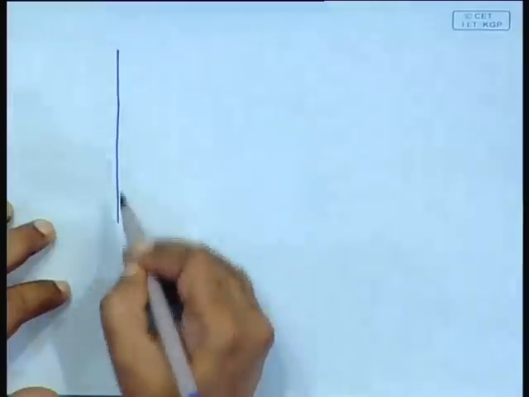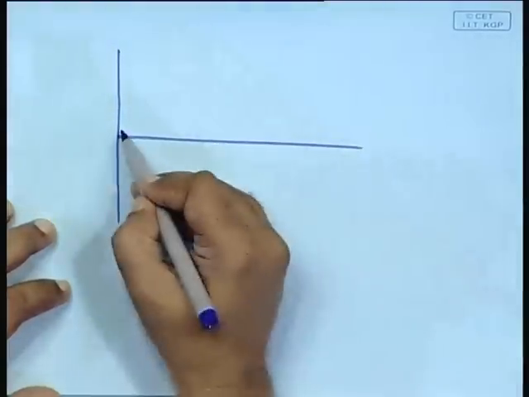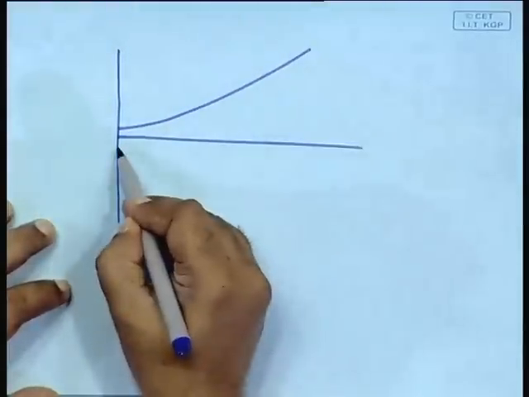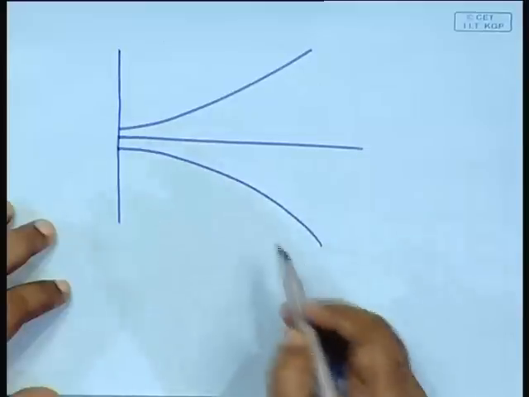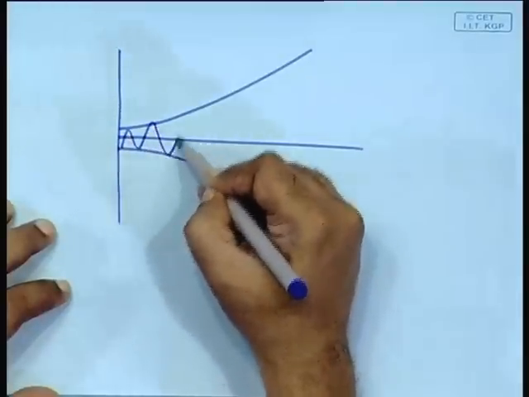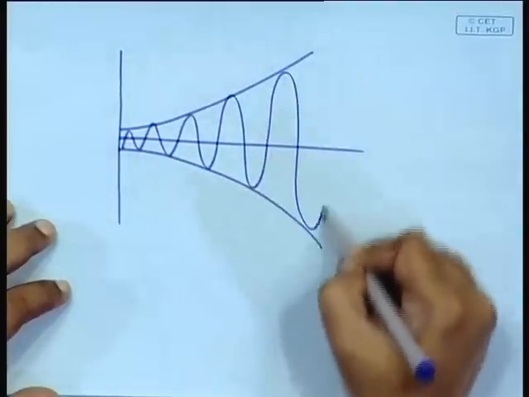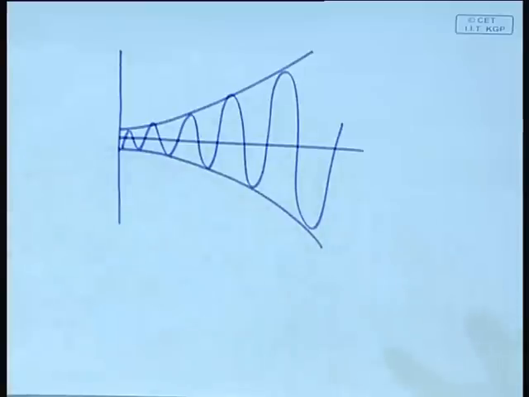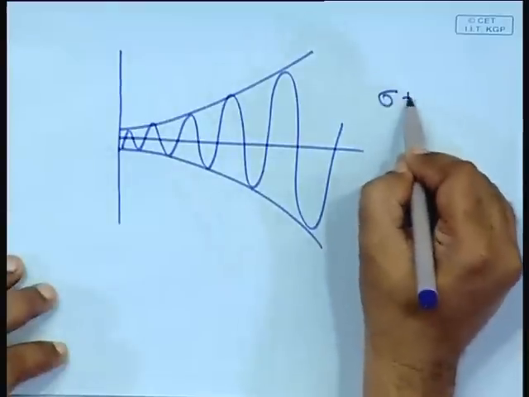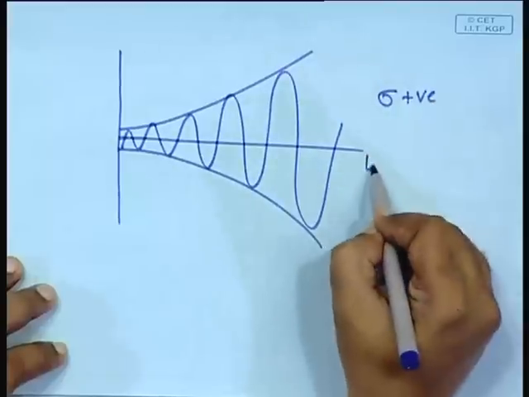Well, yes. He is asking, this will happen only if sigma is negative. What if sigma is positive? Good question. In that case, it will be an exponentially increasing envelope, and you will have this, for sigma positive, t and y.